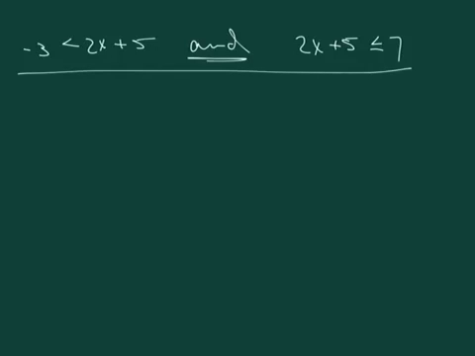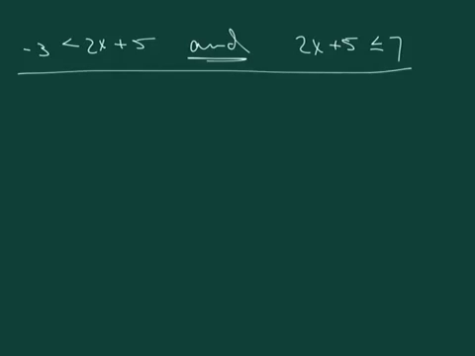So if I have negative 3 is less than 2x plus 5 and 2x plus 5 is less than or equal to 7, I have a compound inequality. When you have the word and, if you remember from your English class, and is a conjunction, and therefore that makes this entire thing a conjunction.